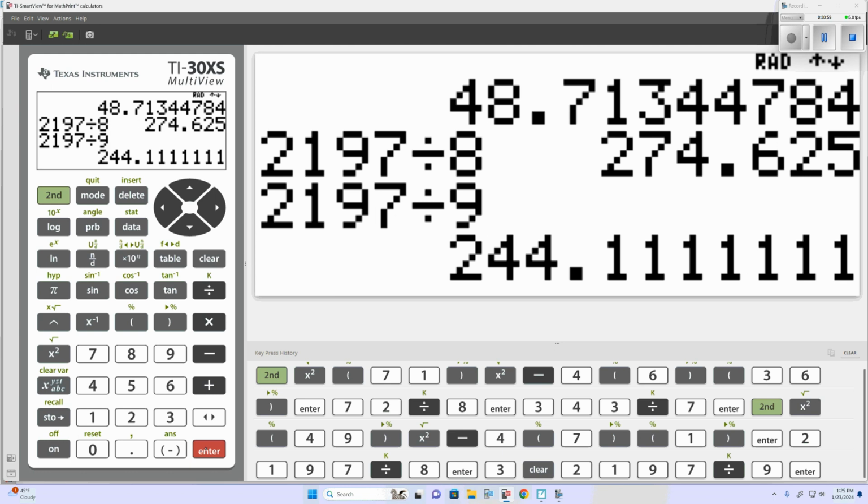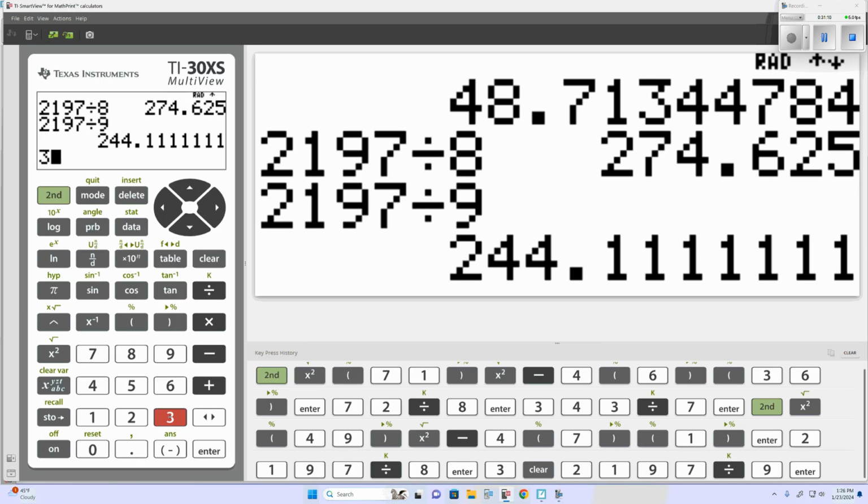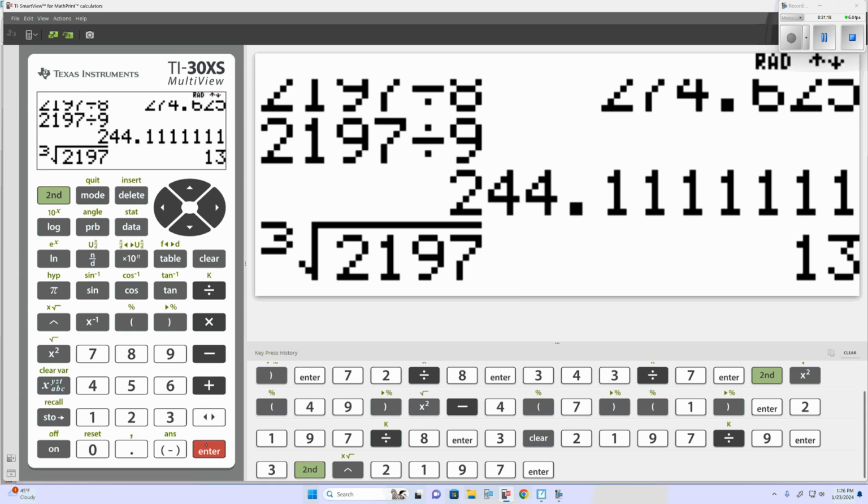Now, when we look at the problem here, we do have an x to the third term. So there's a good chance this is a difference of two cubes. One thing we can try doing is taking the cubed root of 2,197.